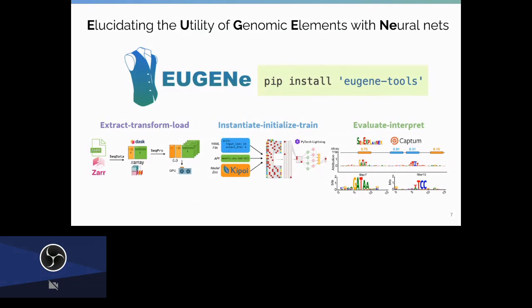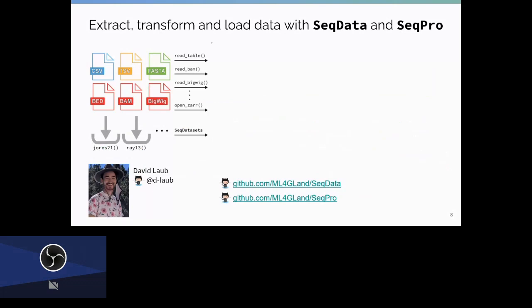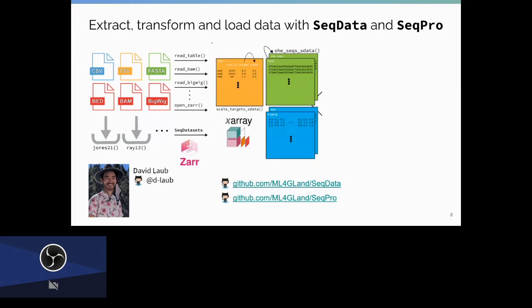In this presentation, I'll briefly highlight the hallmarks of each of the major stages of the workflow illustrated on this slide. If you're interested in more of the details, you can check out our preprint, EUGENE's GitHub, and the documentation pages. For data handling in EUGENE, we built standalone Python packages called SeqData and SeqPro that flexibly read files from on-disk formats into Xarray datasets that are backed by Zarr stores.